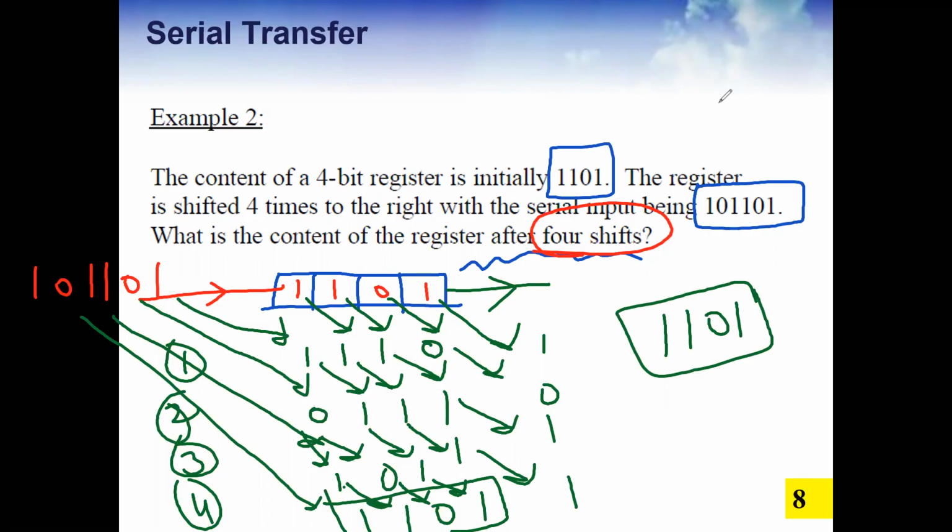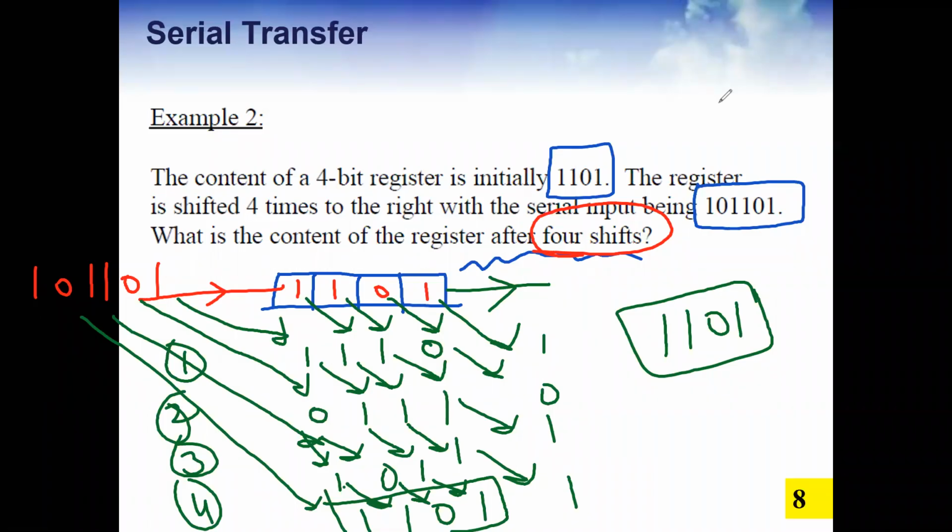Yes, this is basically with every clock. I write the number here, 1 2 3 4 5. It shows the status with every clock, and you know that it is a shift register. So as the clock comes, the content will shift to the right. Every clock, the bits will shift from left to right.